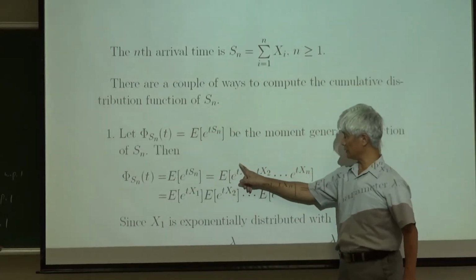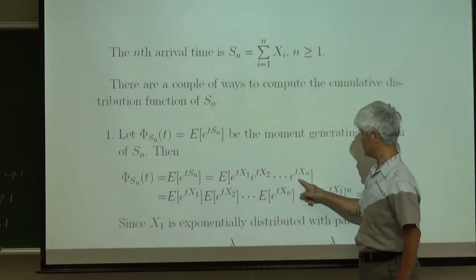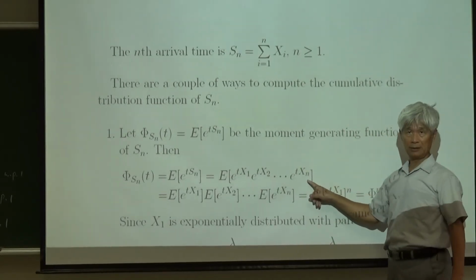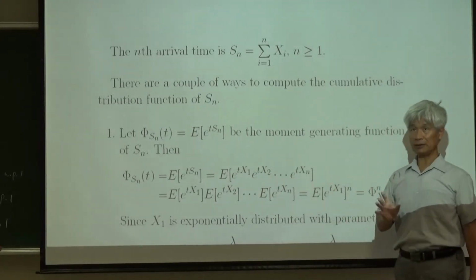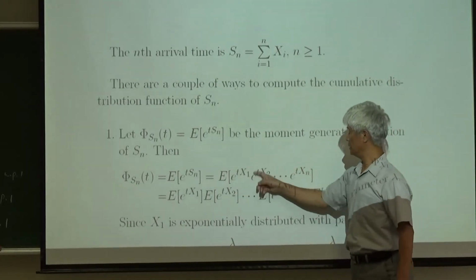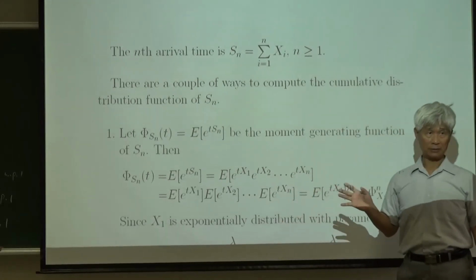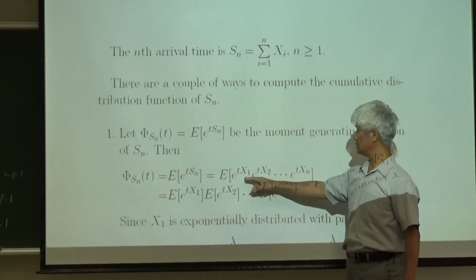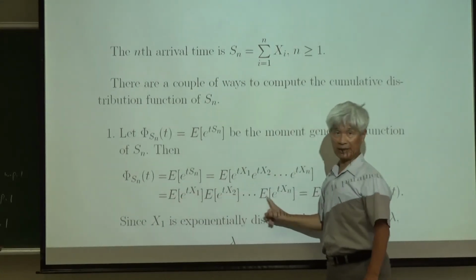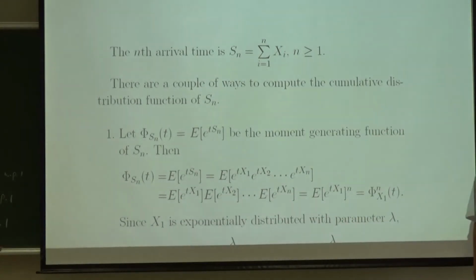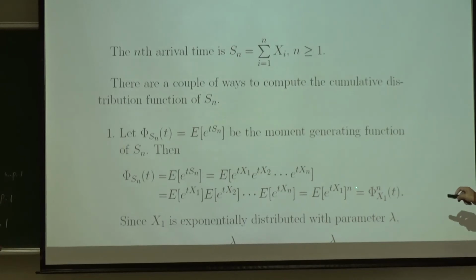Now this is a function of x1, this is a function of x2, and this is a function of xn. Because x1, x2, up to xn are statistically independent, their functions are all statistically independent, and so the expectation of their product becomes the product of expectations.